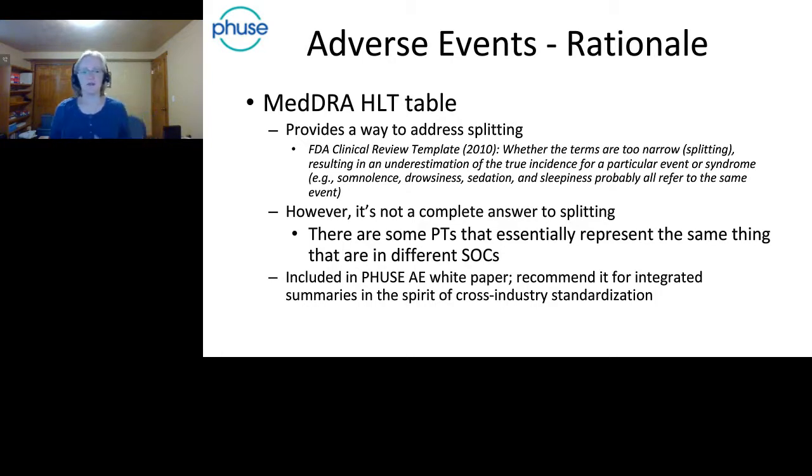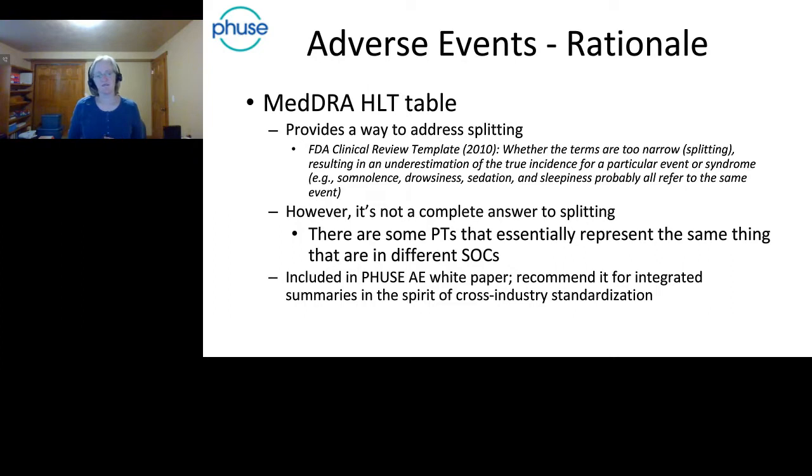So it does pool a few more events so you could see a signal a little bit more easily than with a lot of the PTs split up into different preferred terms, right? So this gives another chance for the data to show a possible signal by pooling a bit more things. However, it is not a complete answer to splitting, right?